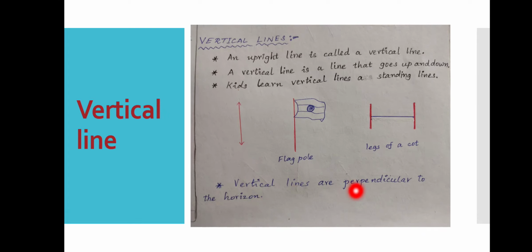Vertical lines are perpendicular to the horizon. Horizontal lines are parallel to the horizon. Vertical lines are perpendicular to the horizon. See, flagpole. The flagpole, which is red in color here, and the legs of a cot are examples.